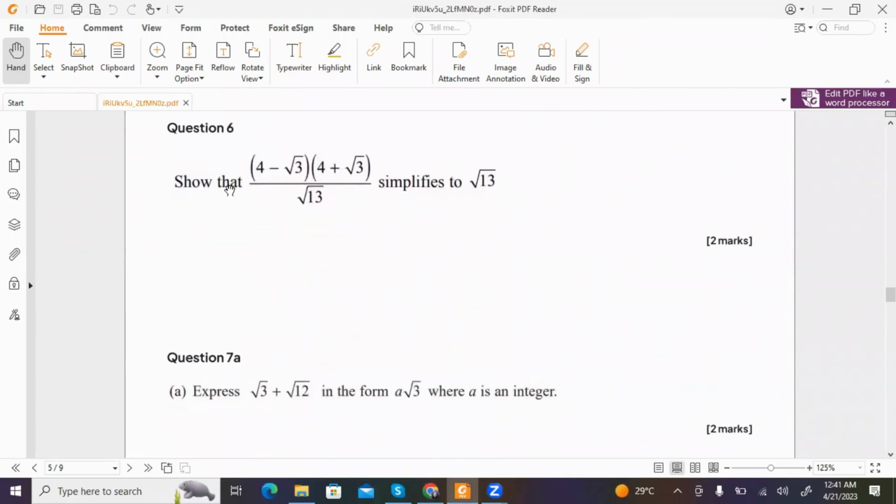Question 6 says show that 4 minus root 3 times 4 plus root 3, divided by root 13, simplifies to root 13. If you remember the rule, difference of perfect squares: a squared minus b squared is the same as a minus b times a plus b.